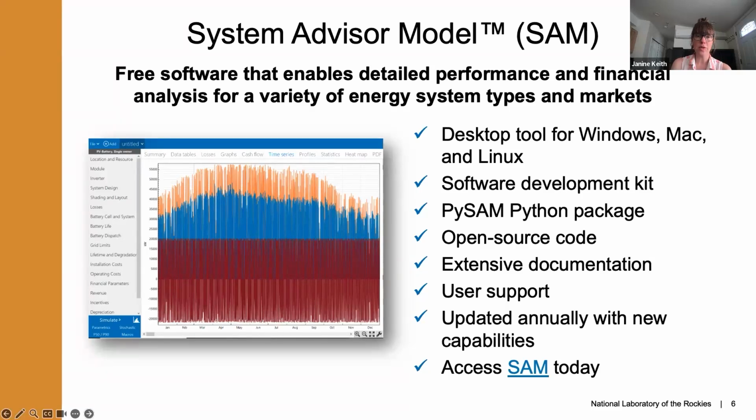The code itself is open source with extensive documentation and user support, and it's typically updated approximately annually with new capabilities and features. You can download it freely yourself from our website, which is linked, and there will be another hyperlink at the end to show the address.